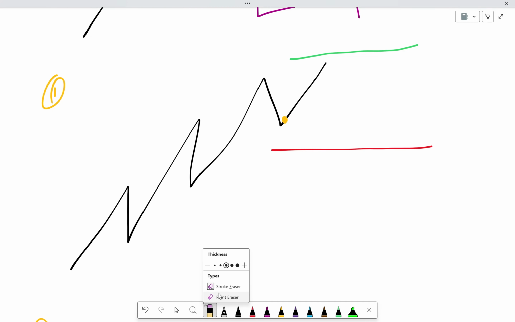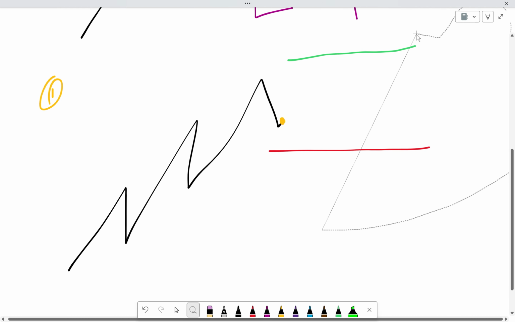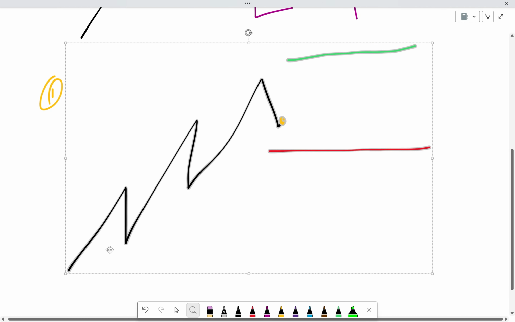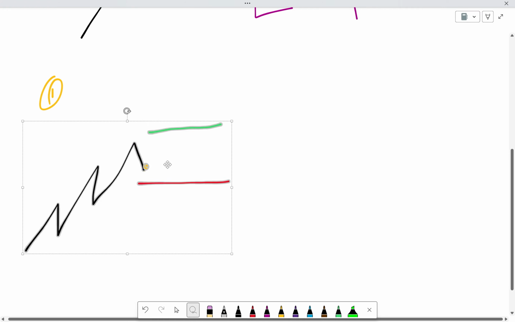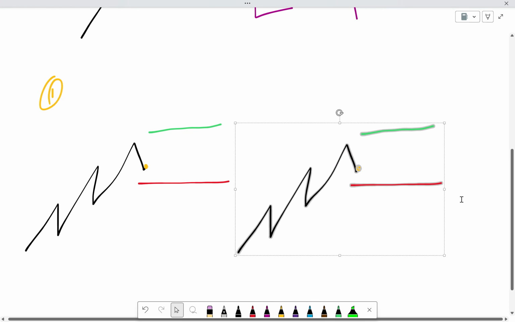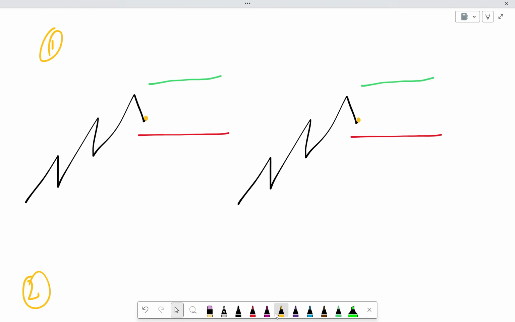I'm gonna erase this part. I'm gonna use my lasso tool and make this smaller. This is the first trade, and then this is the second trade.